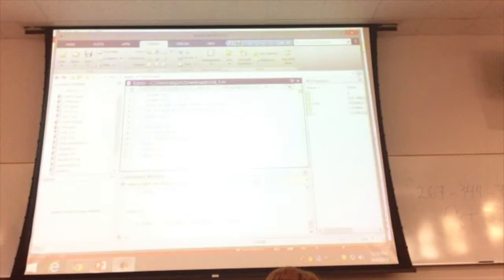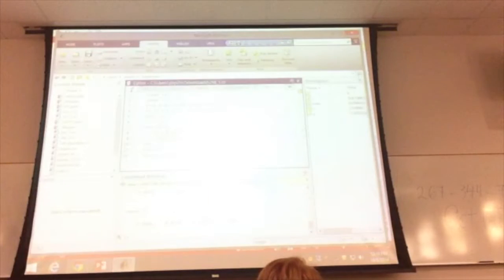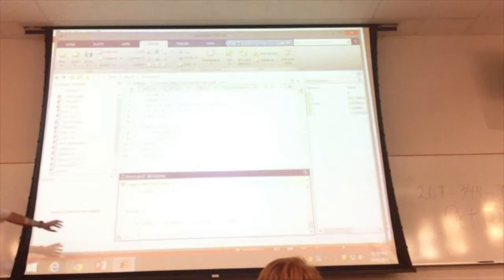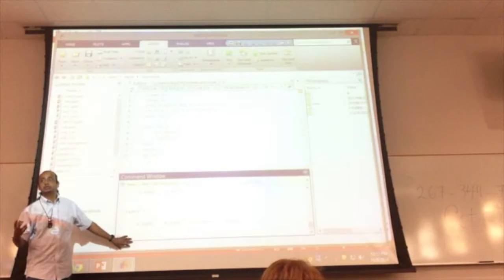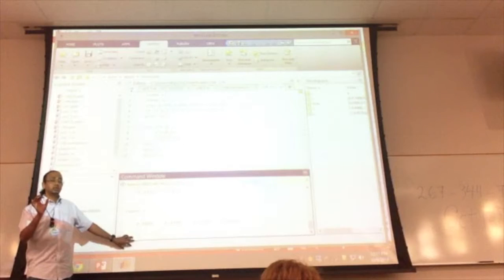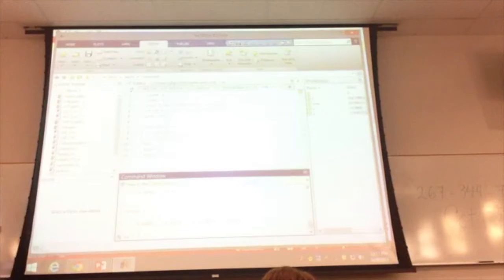Now what I'm going to do is I am going to use this tool called CF tool. All right, and CF tool is a curve fitting tool. So I'm going to go to MATLAB. So this is called the command line prompt. All right, so I told you there are 2 ways in which you can enter information into MATLAB. One is to create what's called a .m file or a script file and run that script file. Or you could type any command you want at the command line.